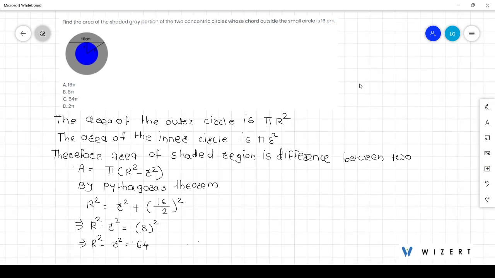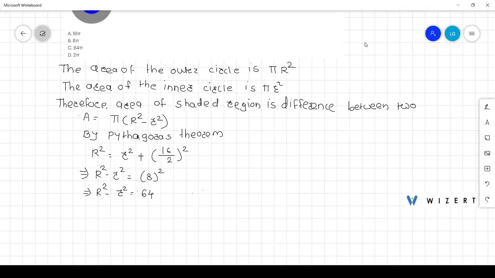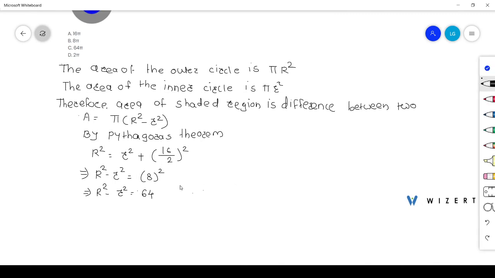Hence, after substituting this value of R square minus small r square, we get area equals pi into 64, that is 64 pi.